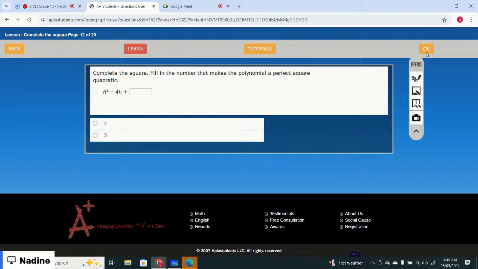The next one is h square minus 4h plus the missing number. So which number is missing?